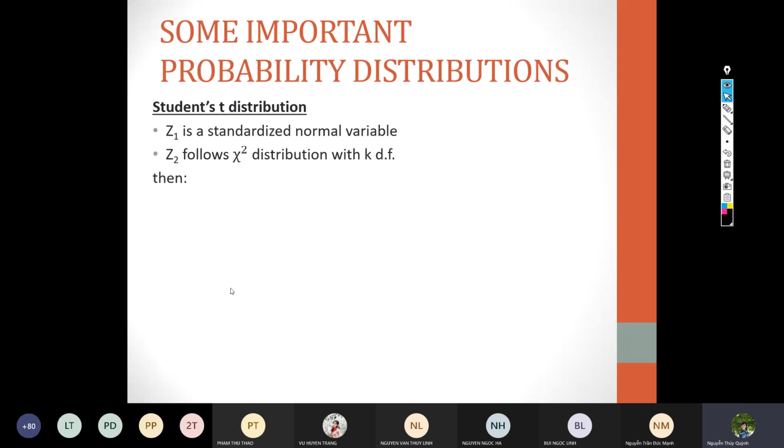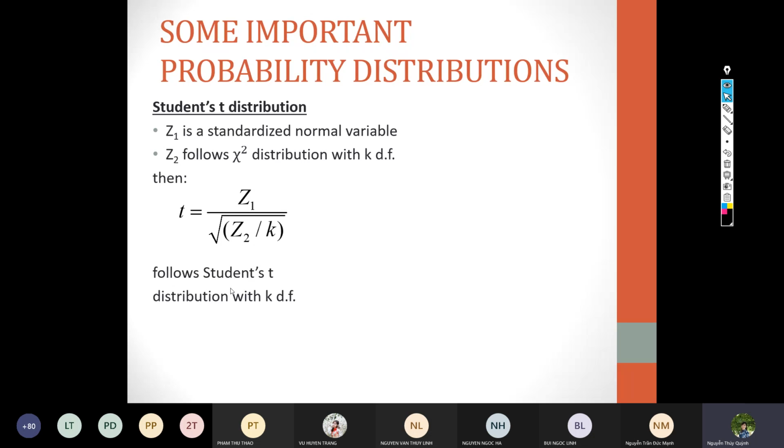If we have Z1, which has a standardized normal distribution, and Z2 follows a chi-square distribution with k degrees of freedom, then a t that is calculated as the ratio between Z1 and the square root of Z2 divided by k will follow a student t distribution with k degrees of freedom.